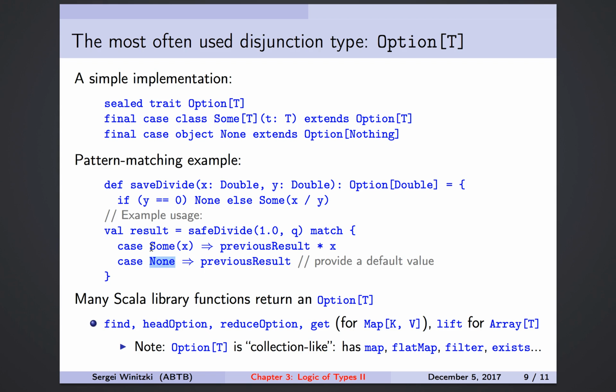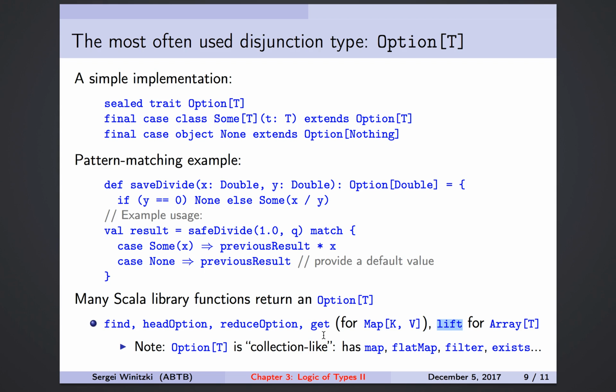Otherwise, it returns Some with the value of the first element. And similarly, these library functions, which you can look up in the library or in IntelliJ, return Option.